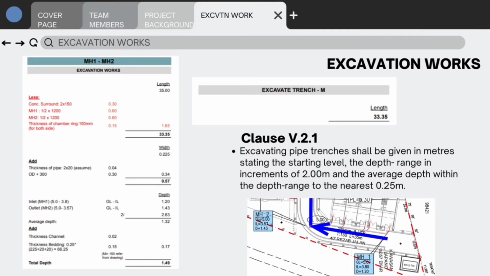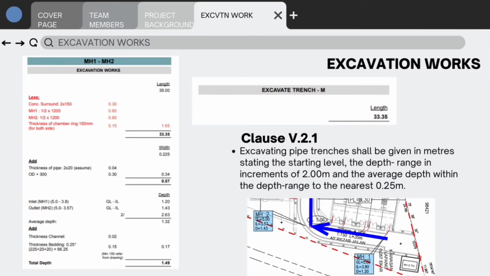Next is excavation trench. The unit for excavating trench is in meter. The length of excavate trench is taken from the excavation work, which is 33.35. The clause involved for excavation work is V.2. Point number 1.